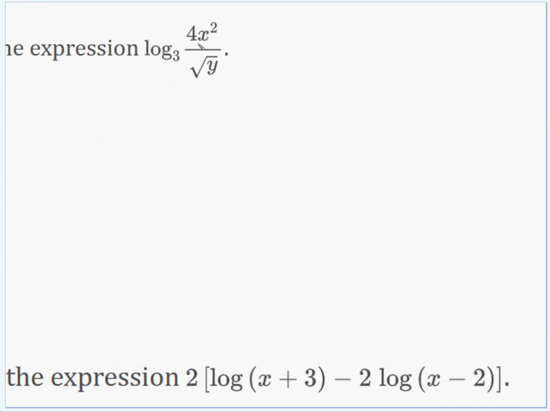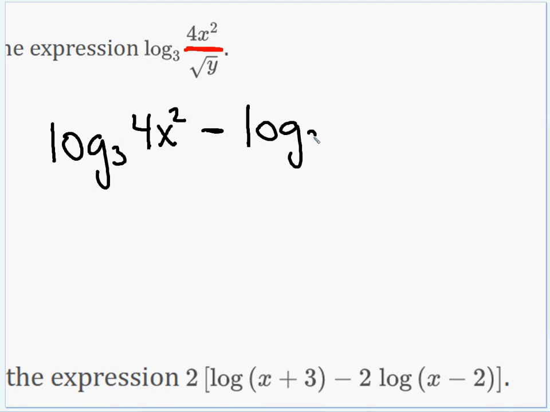All right, the first one is the log of a fraction. So that's going to break into a log minus a log. We're going to have the log base 3 of what's going on upstairs in the numerator, minus a log base 3 of what's going on in the denominator, the root of y, or I'm going to write that as y to the half power. Now be careful, it might be easy to miss here.